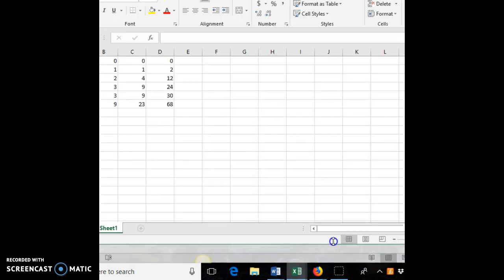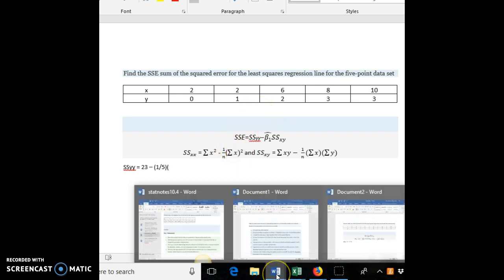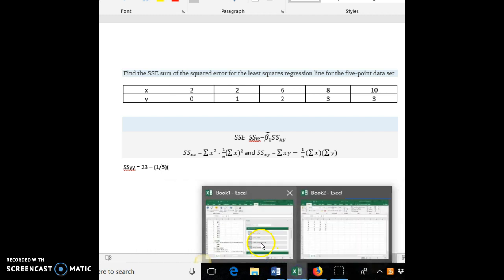The y squared column was this column right here, so that sum was 23. And then I want to subtract off 1 over n. Now, n refers to the number of points I had, which was 5. So 1 over 5, and then I want the sum of the y column, and I'm going to square that.